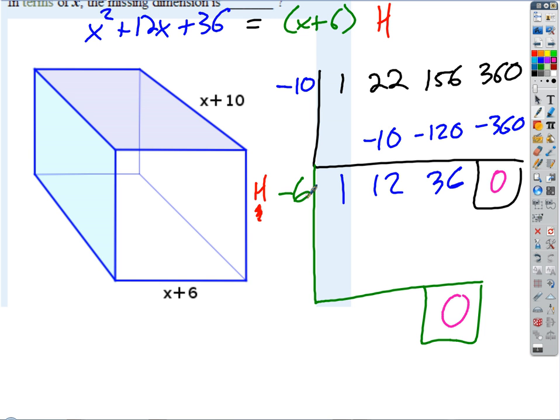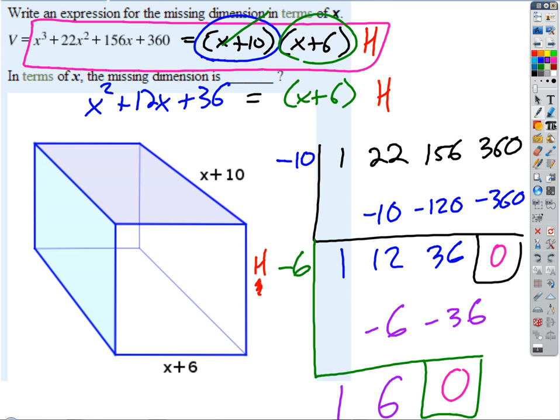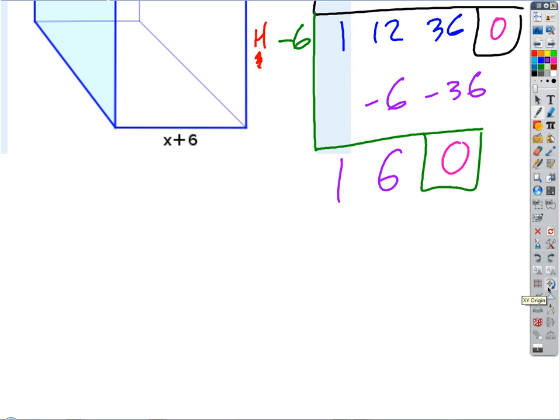And what do I get? Let's see, I bring down the 1 times negative 6, if I add them up, 6, negative 36, and it works. And so when I divide both sides by x plus 6, I get h, and what is it? X plus 6. Yeah, that's the constant, and that's the coefficient of x, so I just get x plus 6. How about that?